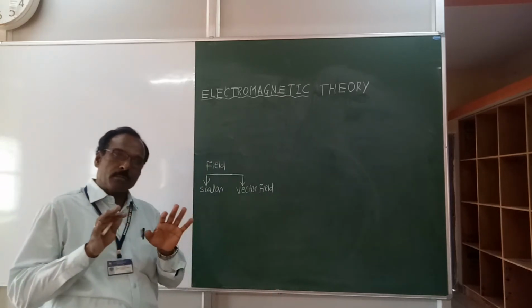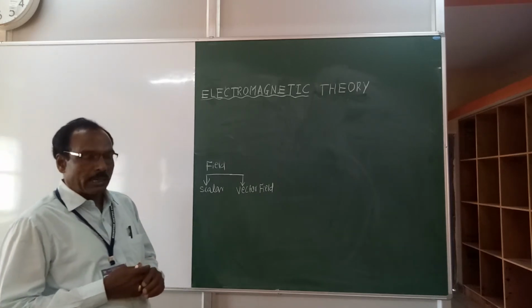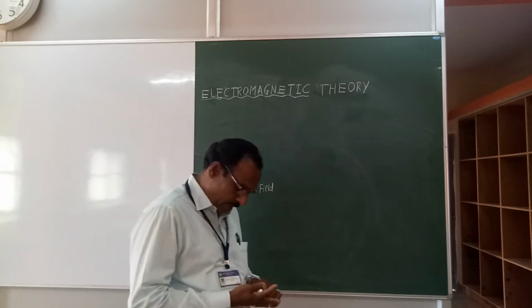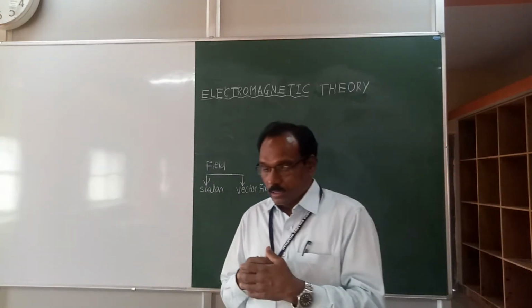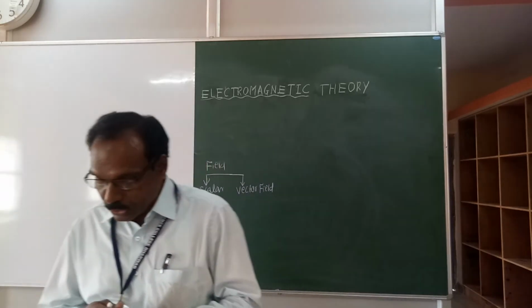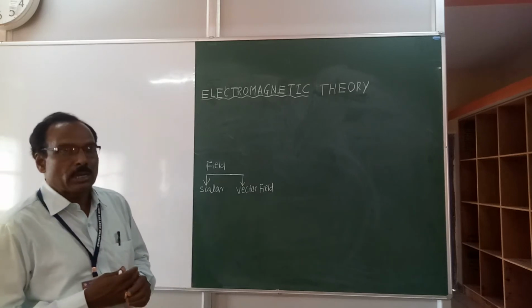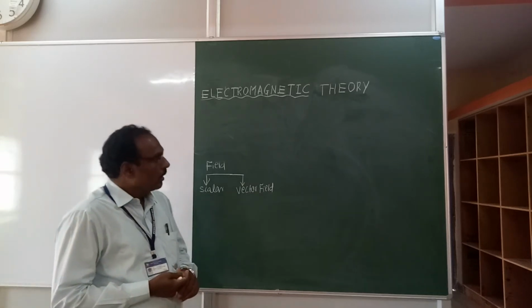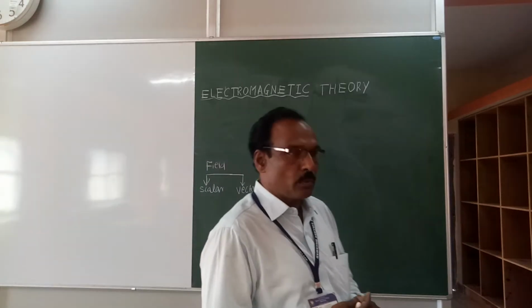This is the mathematical background we require to study electromagnetic theory. Well, now the second part of this topic, electromagnetic theory, is Maxwell's equations. So we want to derive these Maxwell's equations.